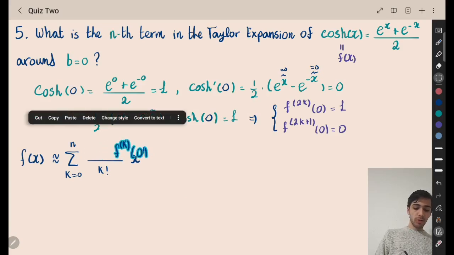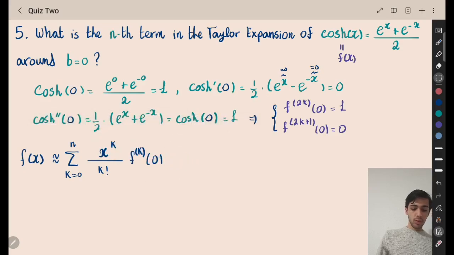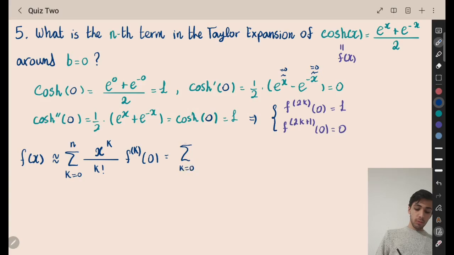Maybe it's even better if I do it like this. I would like to write this sum as two sums, from k is equal to 0 until, well, n over 2, if it's an even number, because it could be an odd number, right?